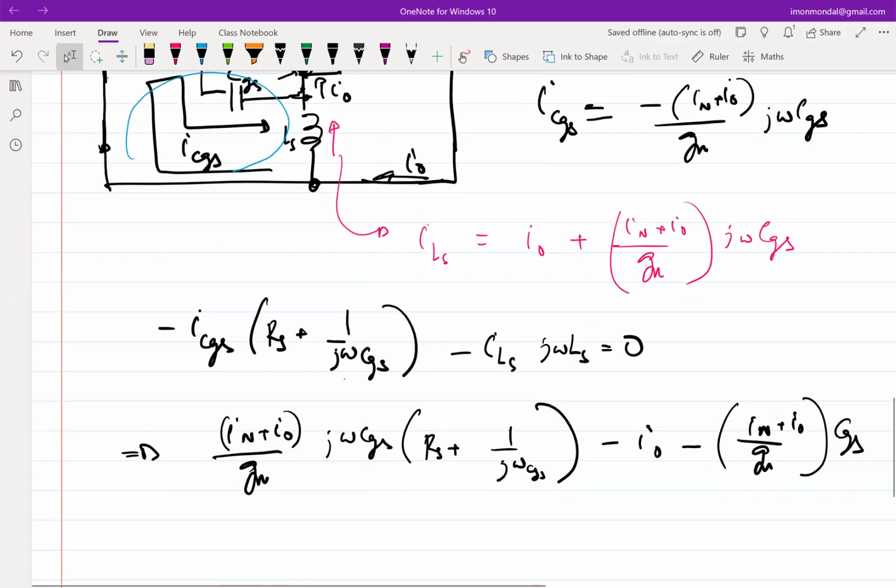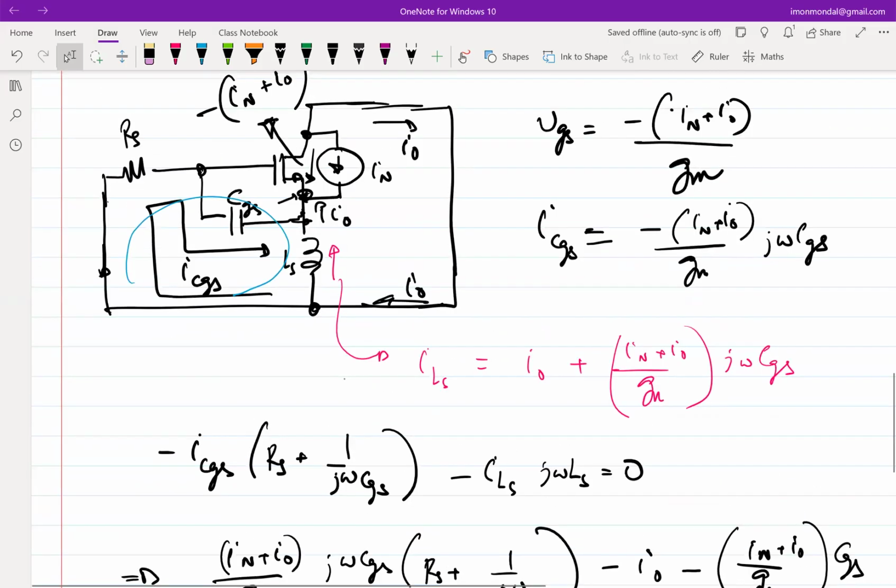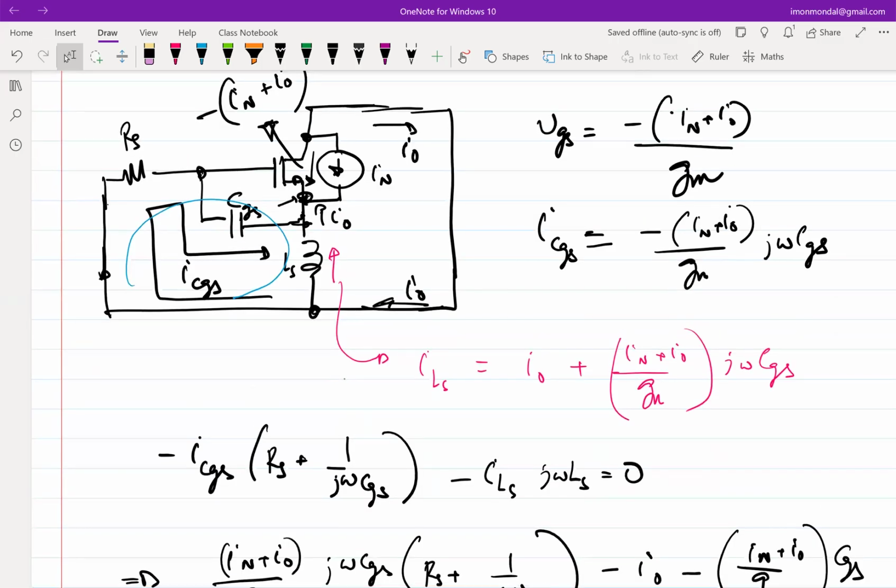Right. This should be plus. Right? So no, hold on. So your ILS is, here I made the mistake, right? So in this I made the mistake. So your I naught is going in, ICGS is coming out, so ILS is I naught minus. No, if that is mistaken, then everything else is mistaken, right?